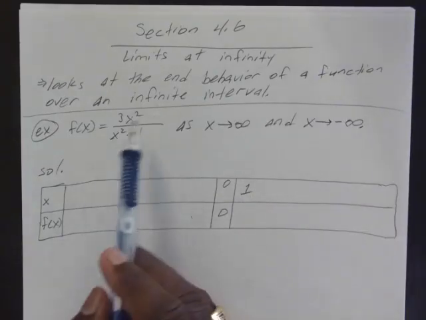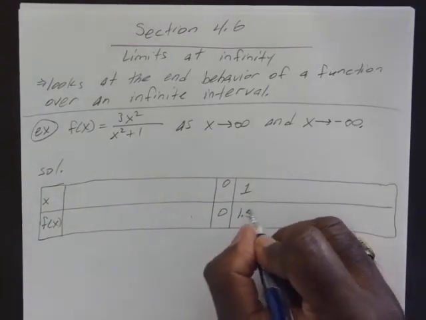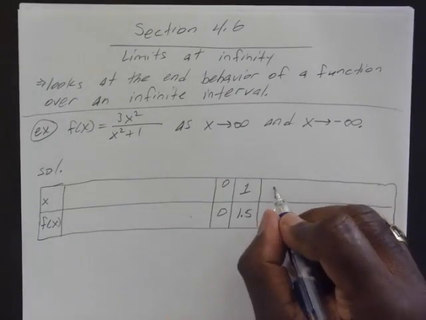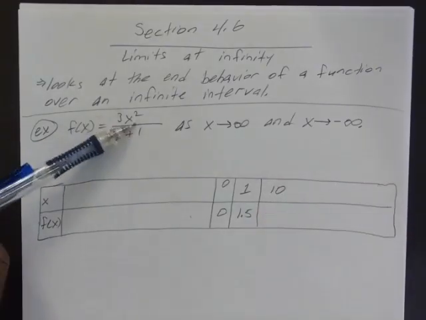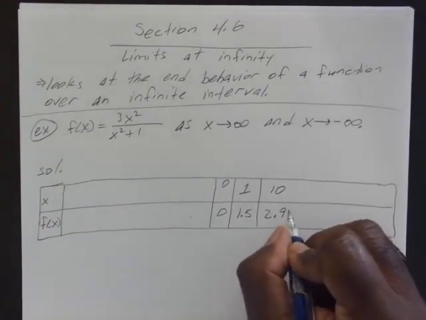We plug in x equal 1, we have 3 divided by 2, which is 1.5. What if we plug in x is equal to 10? We have 3 times 10 squared divided by 10 squared plus 1, which would give us 2.97.